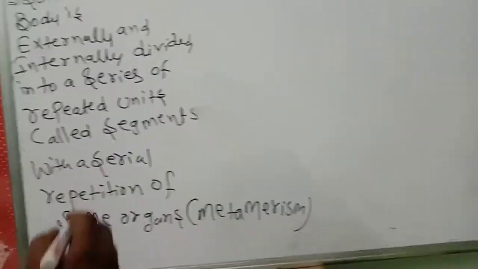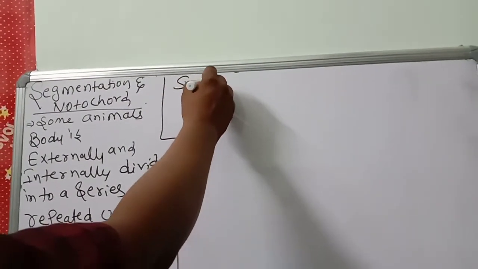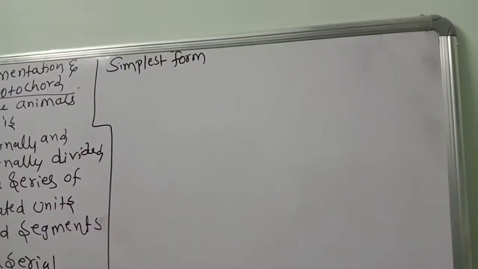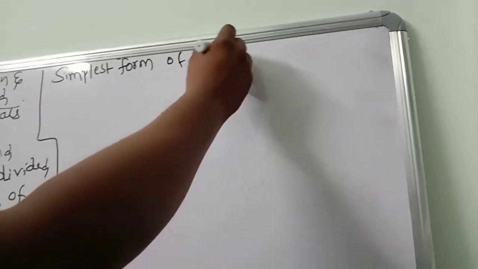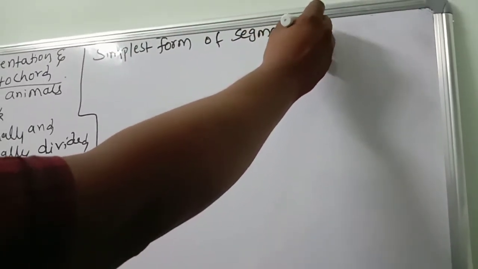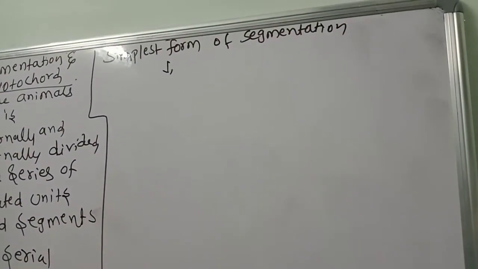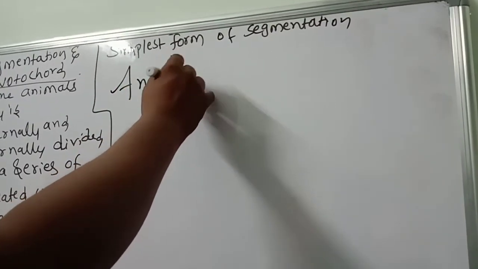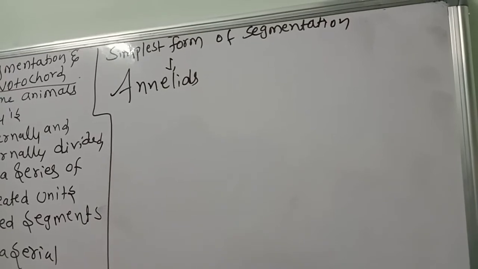The simplest form of segmentation is found in annelids, such as earthworms.